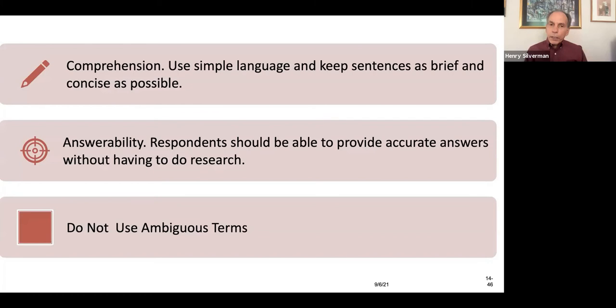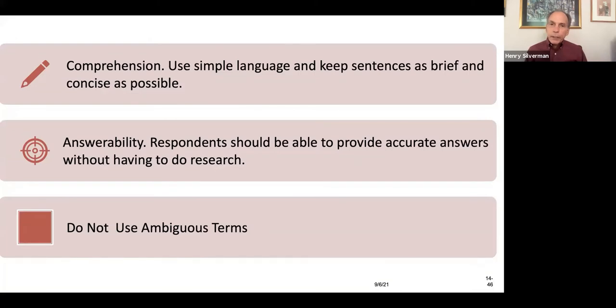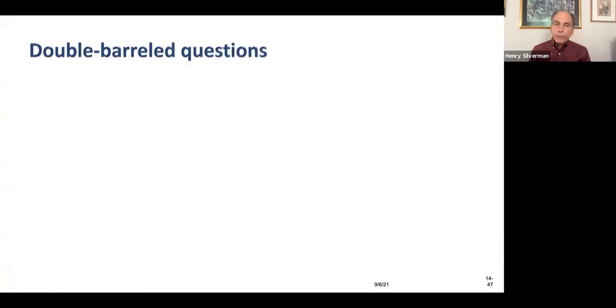We have to make sure that everybody comprehends the question. So you want to use simple language and keep sentences as brief and concise as possible. You want respondents to be able to provide accurate answers without having to do research, and you want to avoid ambiguous terms.